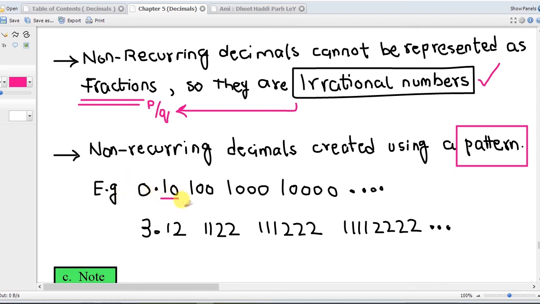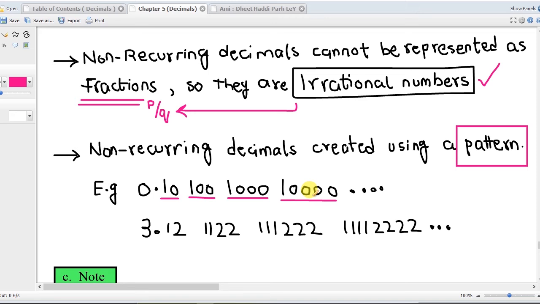But in this case, the numbers are not repeating themselves, but they are making a certain pattern. For example, this is 10. This 10 is not going to repeat itself, but it is making a certain pattern. If you times this 10 with 10, you get 100. Times this 100 with 10, we get 1000. Times this 1000 with 10, we get 10,000. Or simply, one zero, then two zeros, three zeros, four zeros.